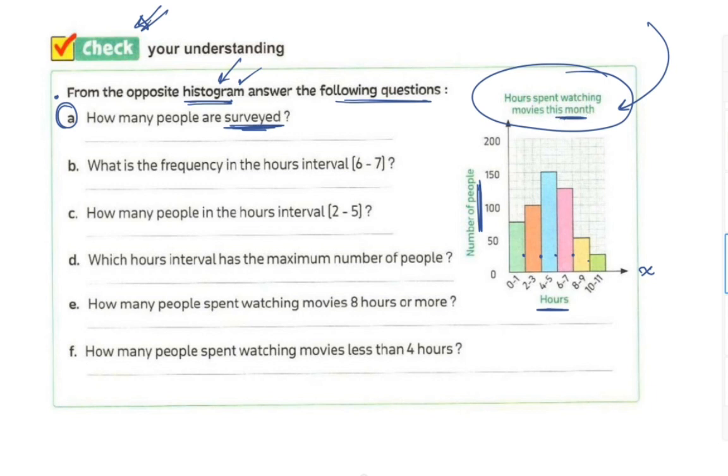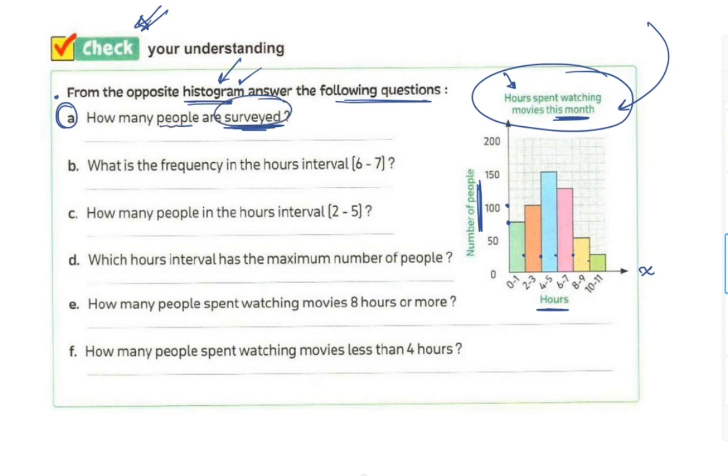From this month, how many hours do people watch movies? That means 0 to 1, start from 0 and 1. How many people are here, from 2 movies and 3 movies? So, number of hours and number of people.